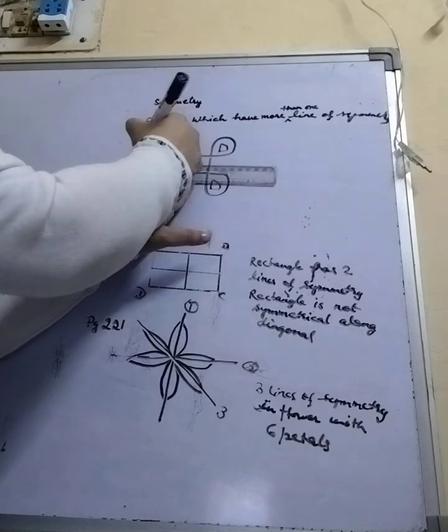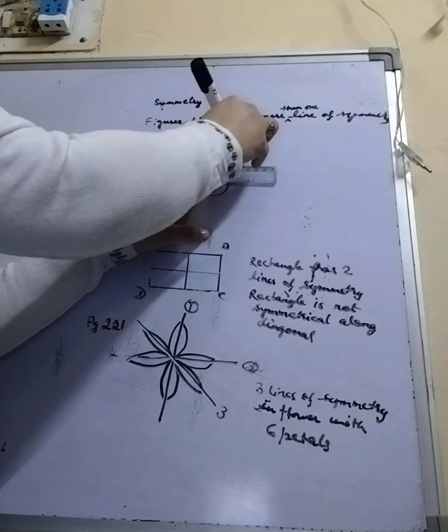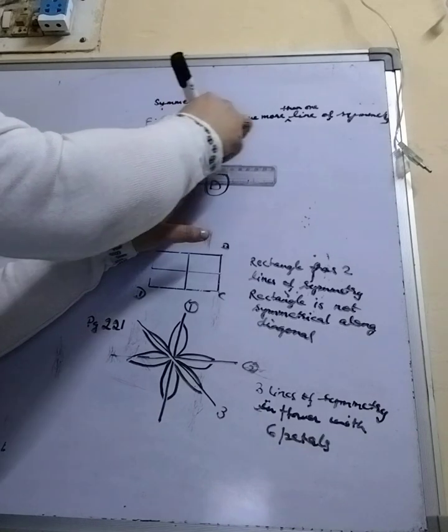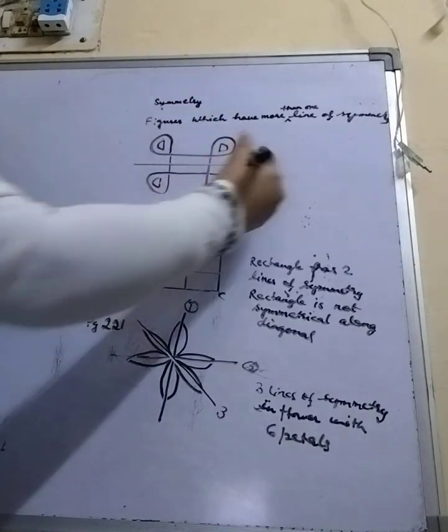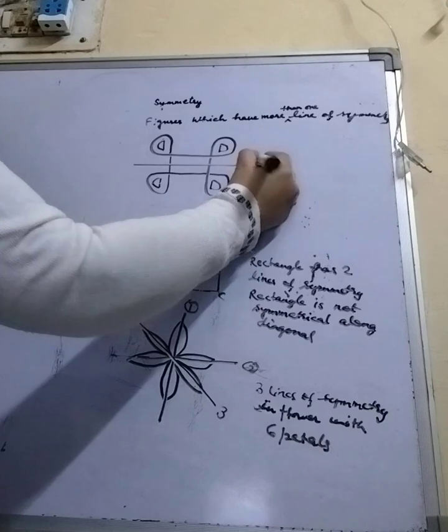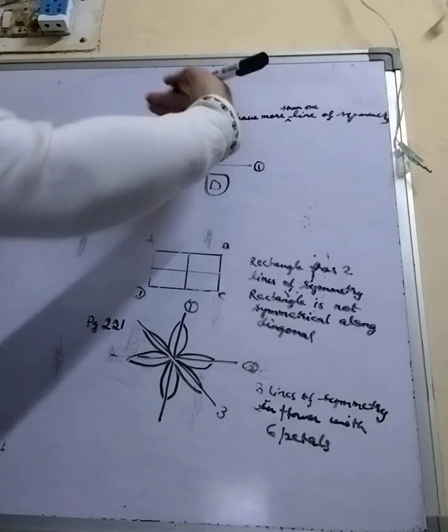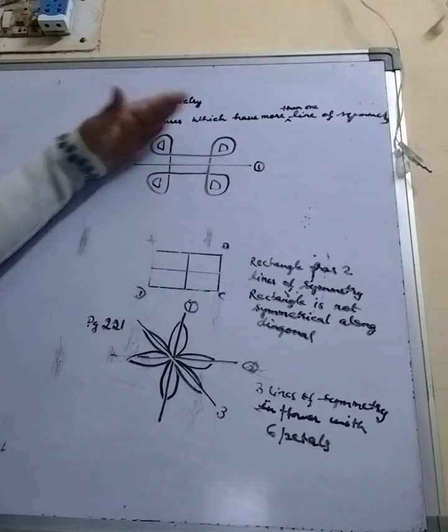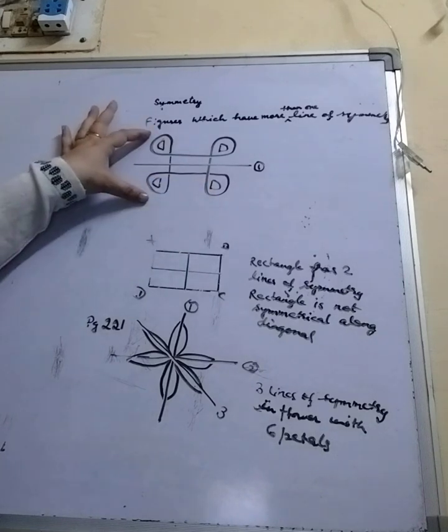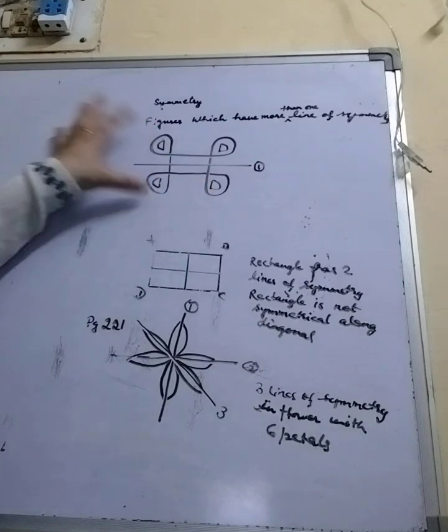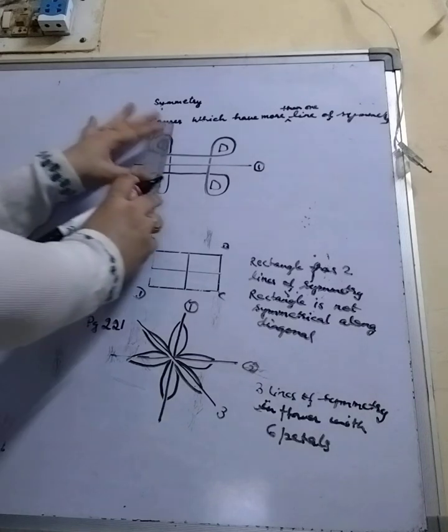If I fold it along a horizontal line, this would be my first line of symmetry. If I fold the upper portion and bring it down, the two parts would be identical and overlap each other. So one line of symmetry.